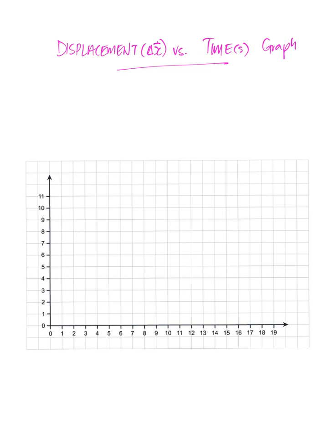Now, when we talk displacement versus time, or when you see it in this kind of a setup, when we say displacement versus time, it means whatever comes first is your dependent variable.